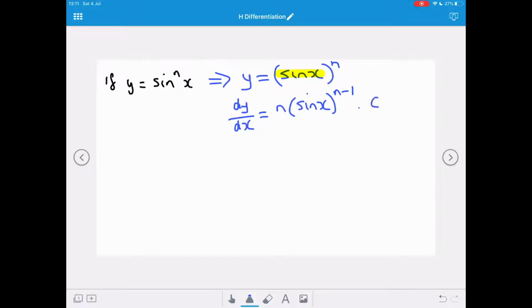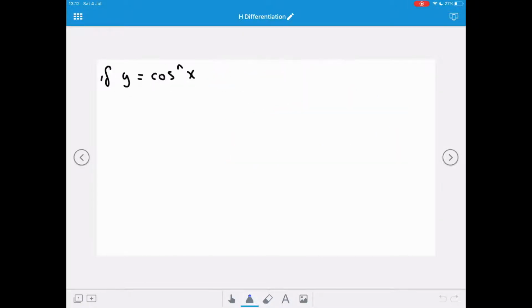And then sine x differentiates to cos x. And then we can rewrite that as dy by dx equals n cos x sine to the n minus 1 x, remembering that the power goes after the trig function.